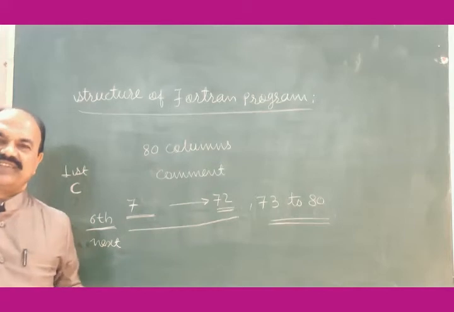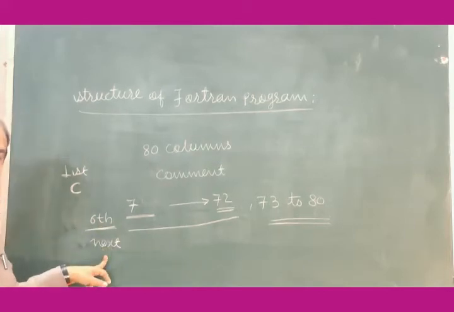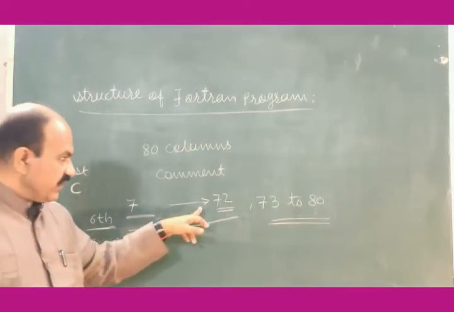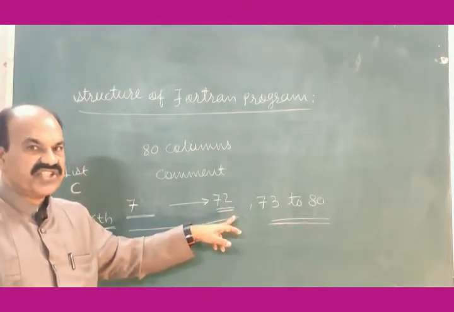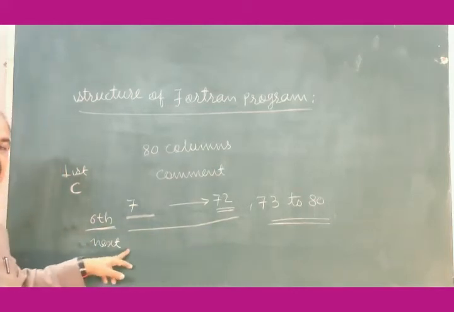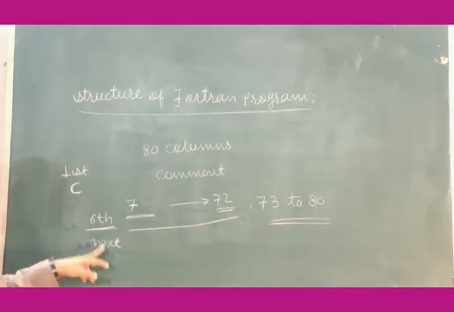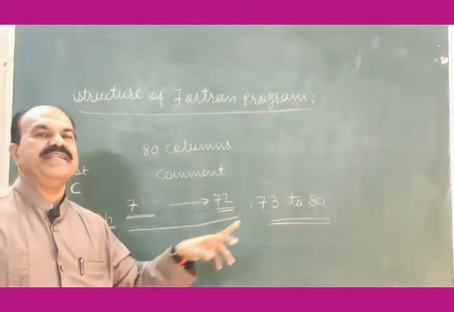You can write any character at column number 6 of the next line. You have started the instruction on this line from columns 7 to 72. The instruction is incomplete. You need to continue it on the next line. On the 6th column of the next line, put any character and continue the statement.